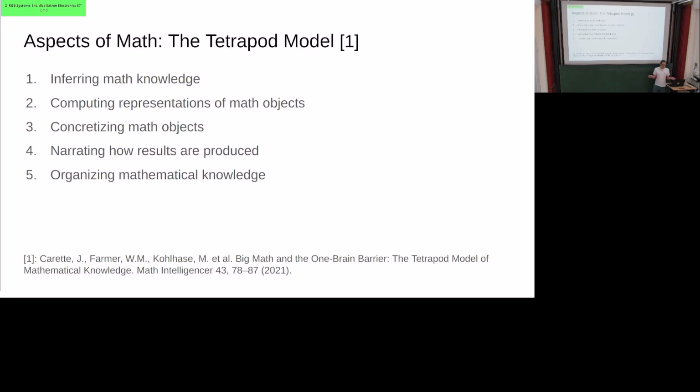And today computer support exists already for all of these aspects, but typically in different systems. For example, to compute math objects, you will probably refer to computer algebra systems. For collections of concrete objects, you have projects like the Online Encyclopedia of Integer Sequences.